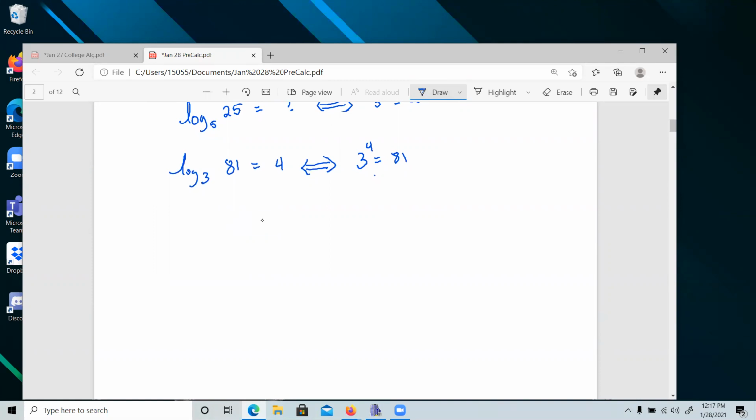So how about something like log base 4 of 8? Okay, this is a hard one. So maybe that's why we would need to do this. 4 raised to what power equals 8? Well, if I square it, I'm going to be at 16. And I'd have to divide it in half, and that's not an operation we could do.